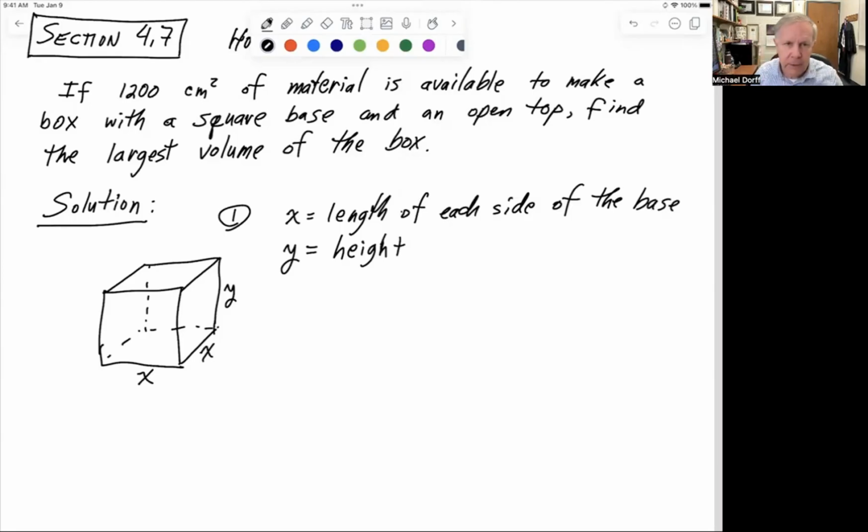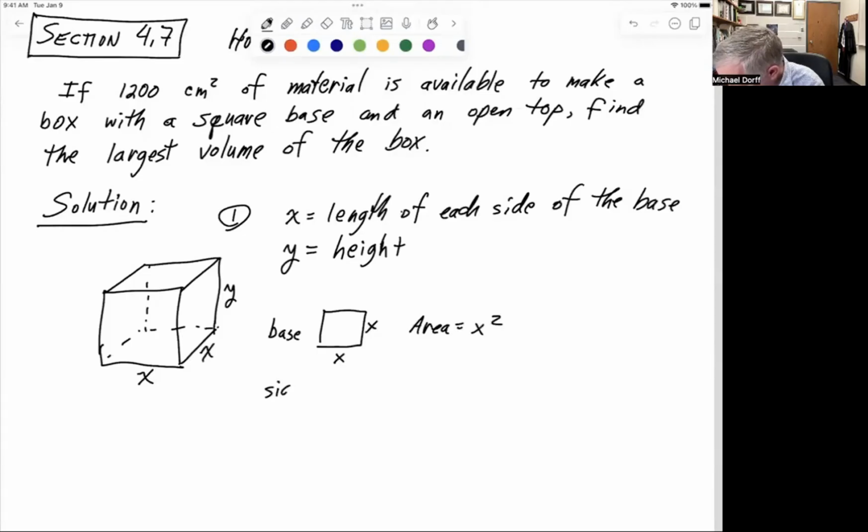Well, what is the equation I'm going to use? It says that I have 1,200 square centimeters of material to make the box. So that's going to include the surface area of the base plus the four sides. This box doesn't have a top, so I don't have to worry about the top. If this is my base, I have lengths of x and x, so the area of the base is going to be x squared.